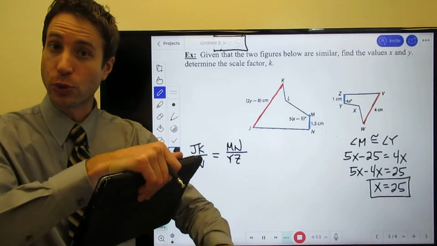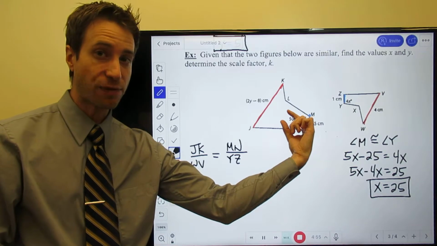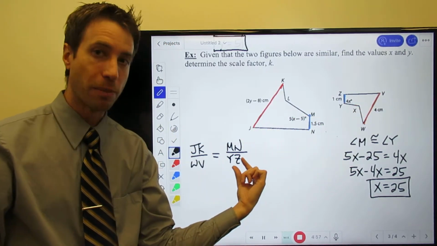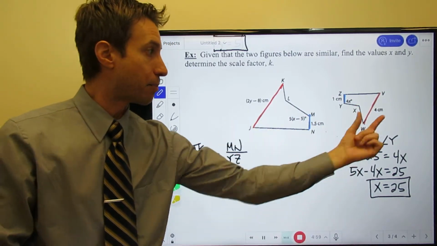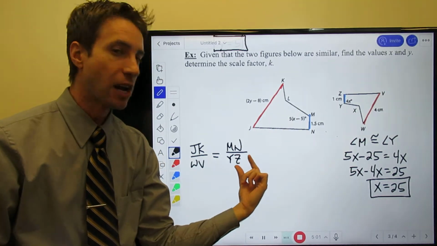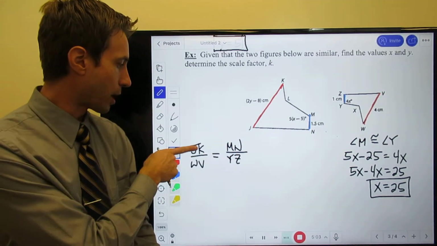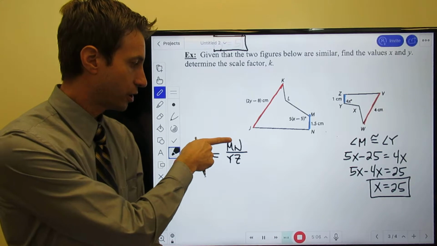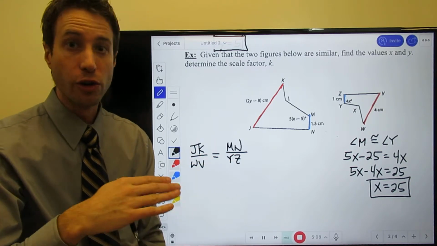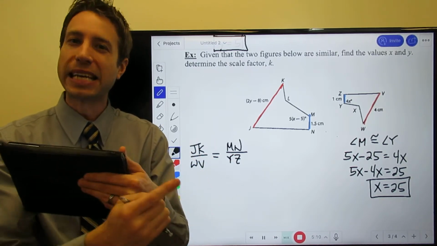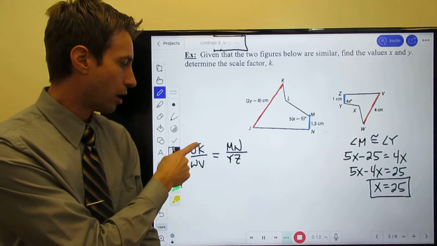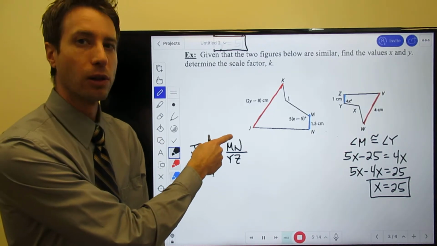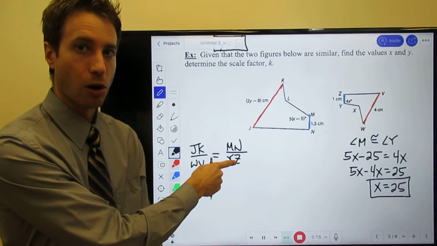You've switched the ratio. Instead of putting this figure in the top and this figure in the bottom, you've put the smaller figure in the top, and they don't line up. Large, small, small, large. No, not equal. Make sure that you keep those ratios in the same order. Large figure, large figure, smaller figure.